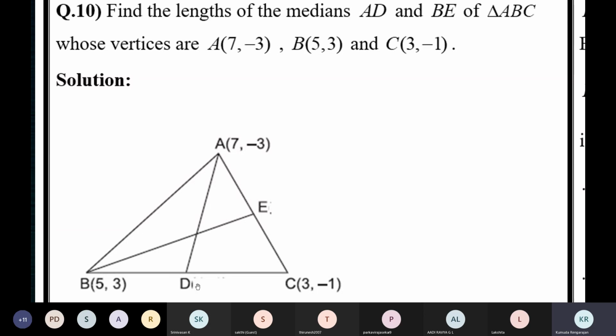Use the midpoint formula, (x1 plus x2) by 2, (y1 plus y2) by 2.